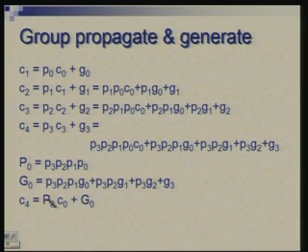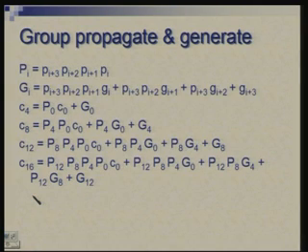We will have similar conditions for all the blocks, and then carries can be computed in this look ahead manner. In general, Pi is Pi plus 3 and Pi plus 2 and Pi plus 1 and Pi.